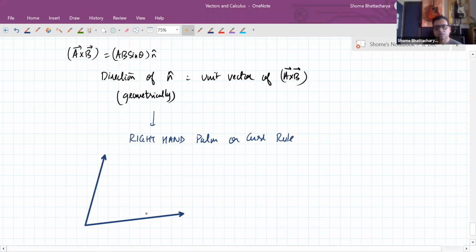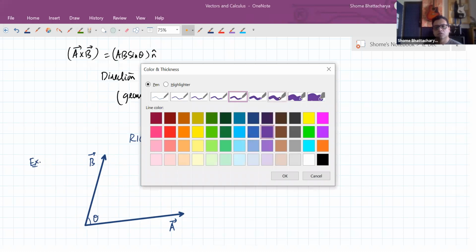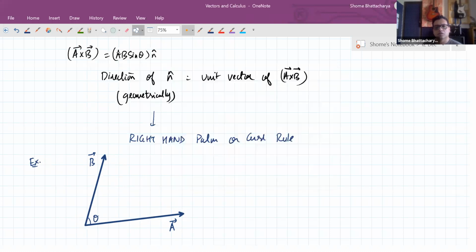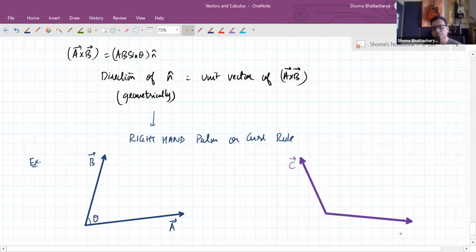So if this is A and this is B, or in another example, suppose this is vector C and this is vector D. This is the angle between them. In this case, we want to determine the direction for n cap, the unit vector of C cross D.